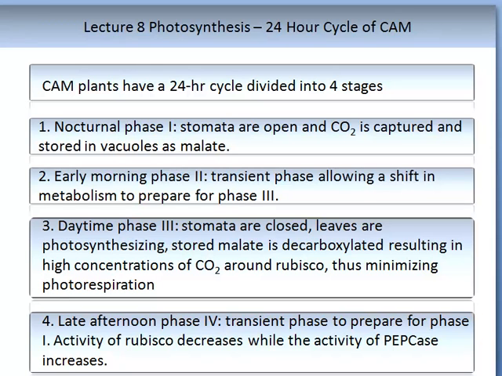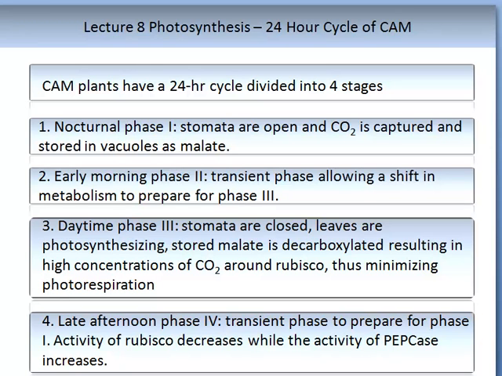CAM plants have a 24-hour cycle, and this is divided into 4 stages. Stage 1 is the nocturnal phase. Stomata are open and CO2 is captured and stored in the vacuoles as malate. Stage 2, early morning. Transient phase, allowing a shift in the metabolism to prepare for phase 3. Daytime is when phase 3 occurs. Stomata are closed, leaves are photosynthesizing.